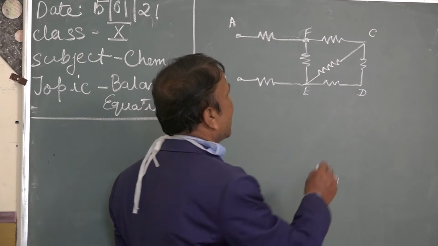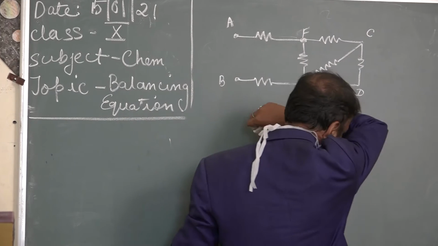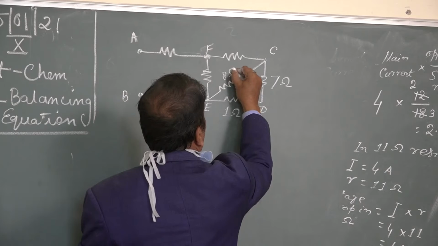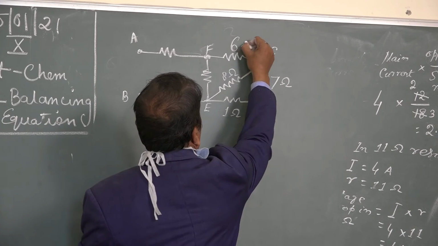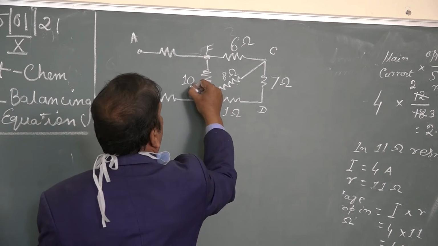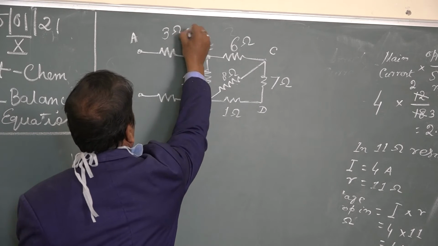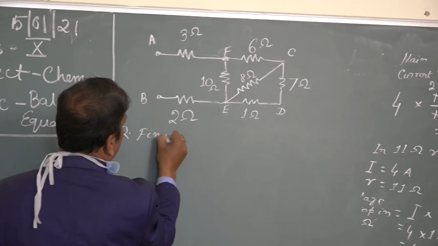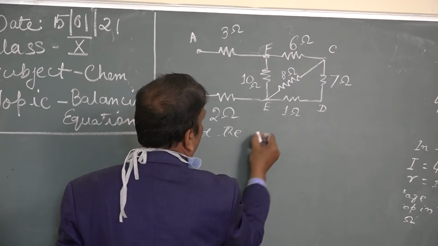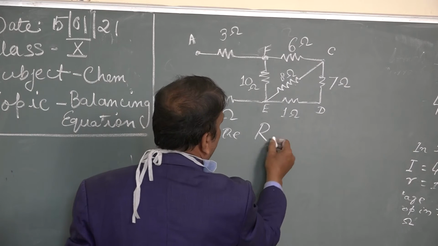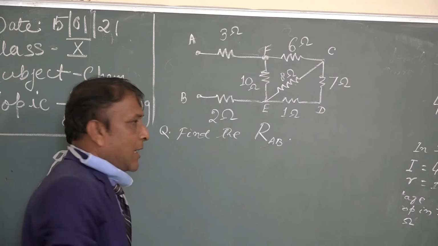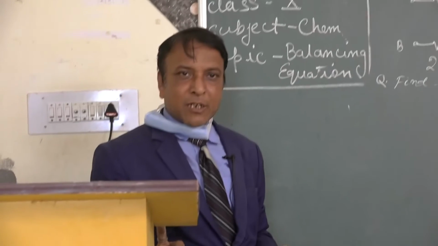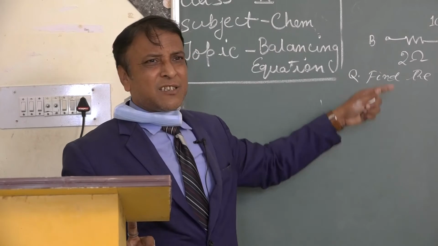Okay, so my question is, I am giving you now 7 ohm, 1 ohm, 8 ohm. My question is, find the resistance R_AB, मतलब find the resistance between A and B. A टर्मिनल और B टर्मिनल के अंदर इतने सारे रेजिस्टर मैं नहीं लूँगा.